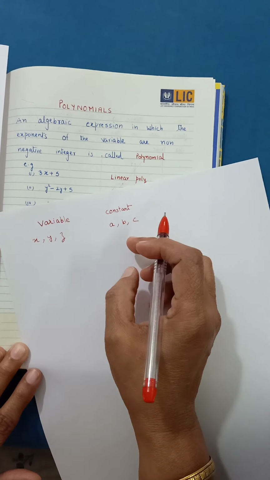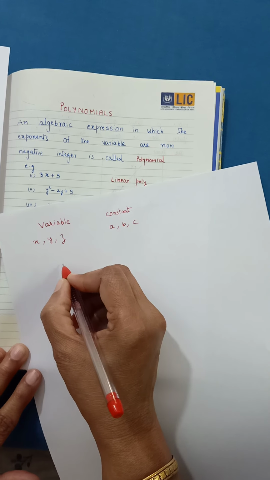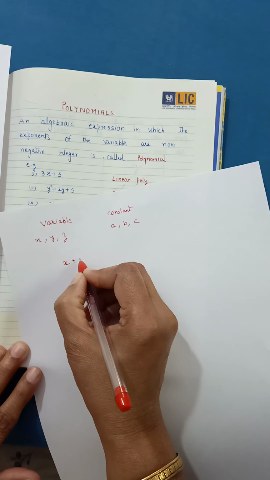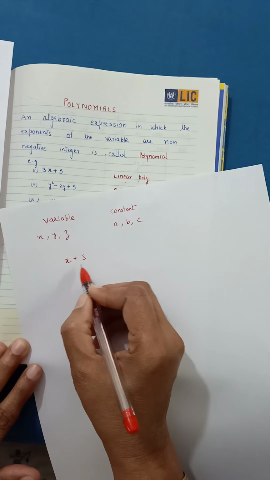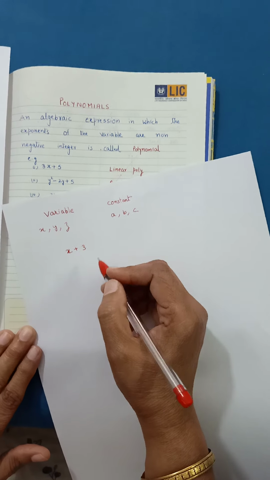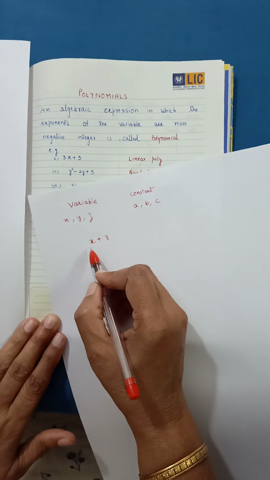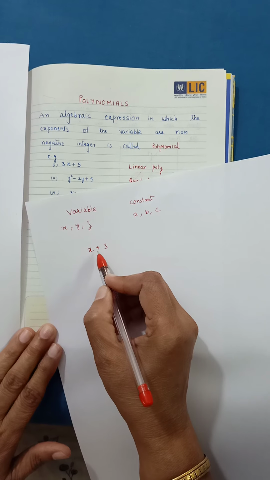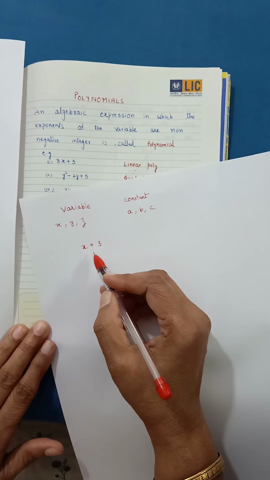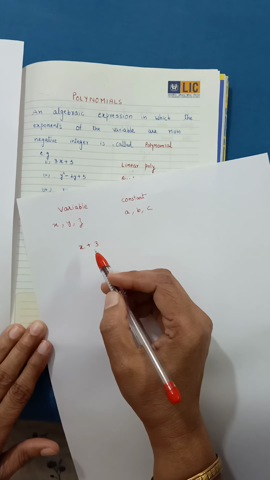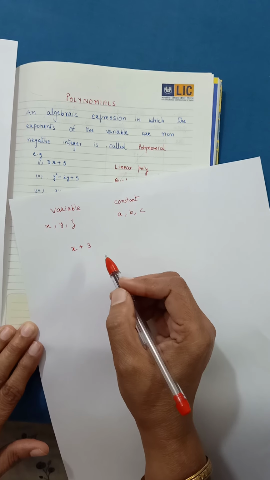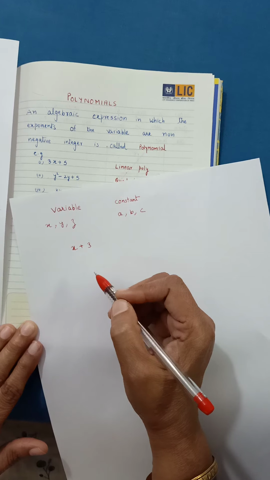If I take a variable x and a constant number 3, suppose, then this becomes a polynomial. This is the combination of variable and constant associated with arithmetic operations. Plus, minus, multiplication, division, all these are arithmetic operations.